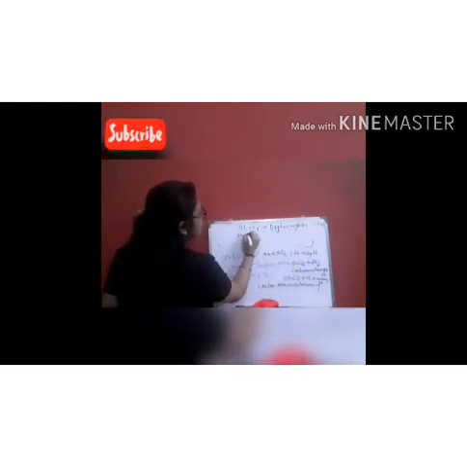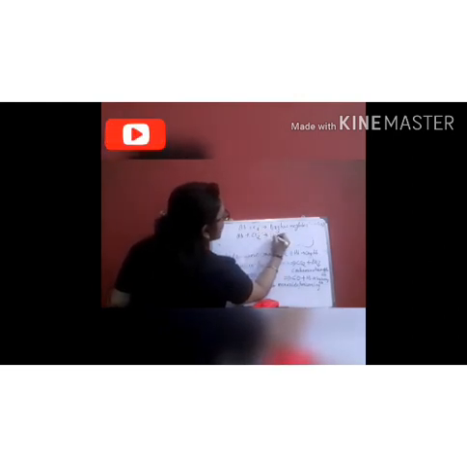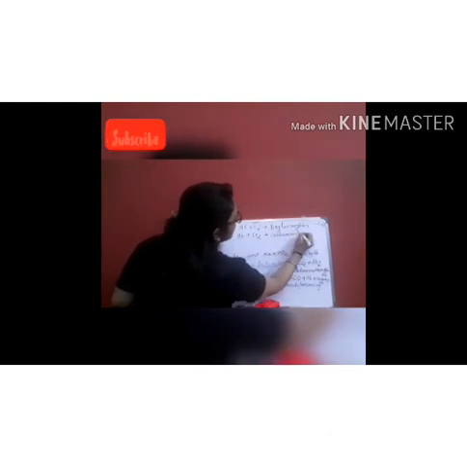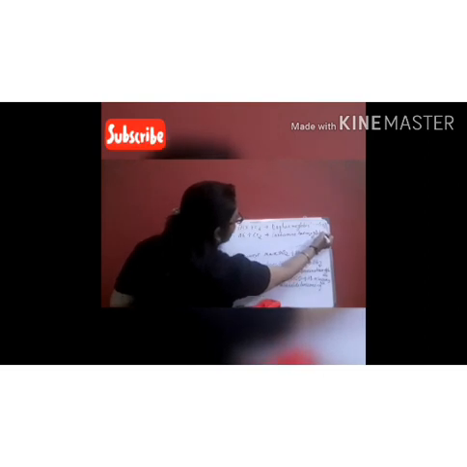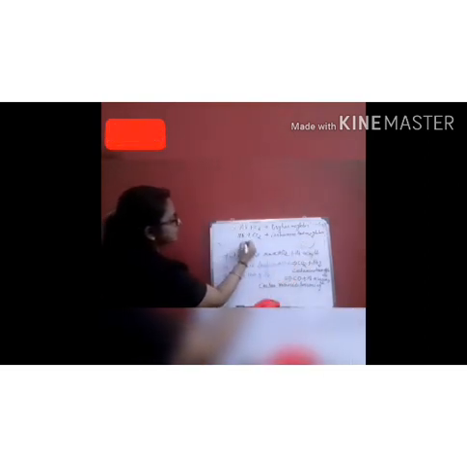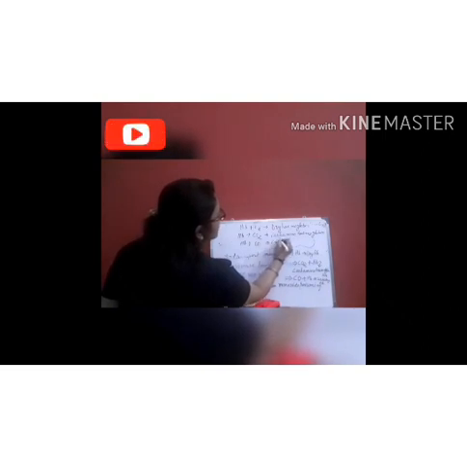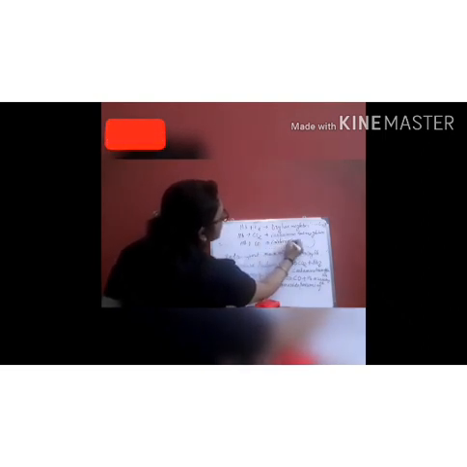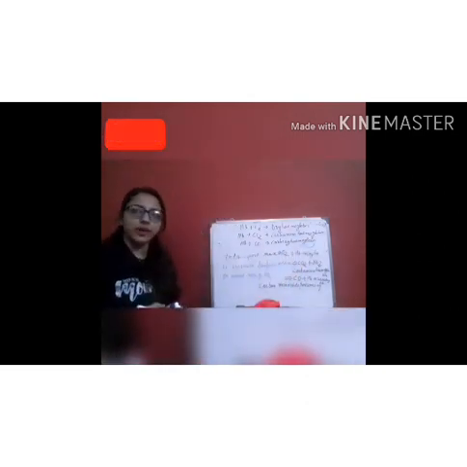Hemoglobin plus carbon dioxide forms carbaminohemoglobin, and hemoglobin with carbon monoxide forms carboxyhemoglobin. Understand?